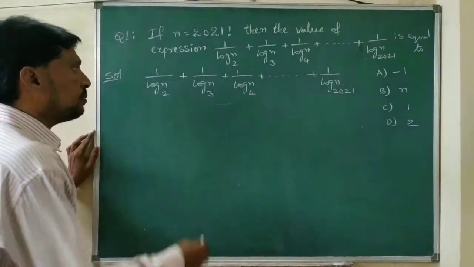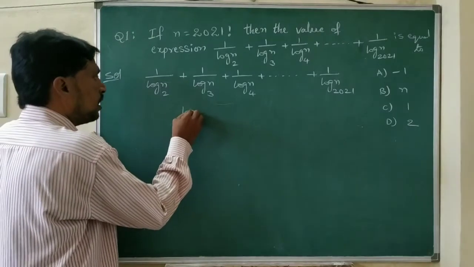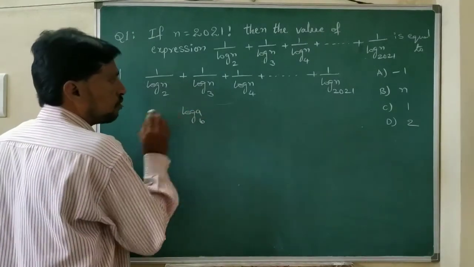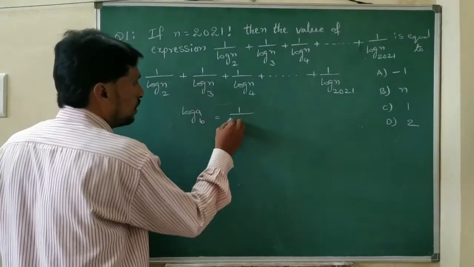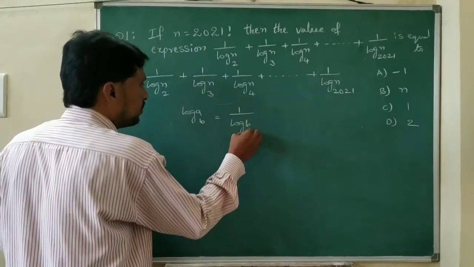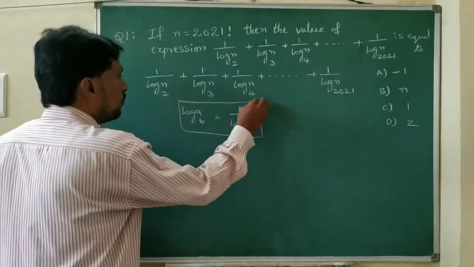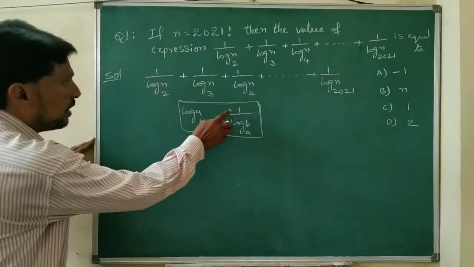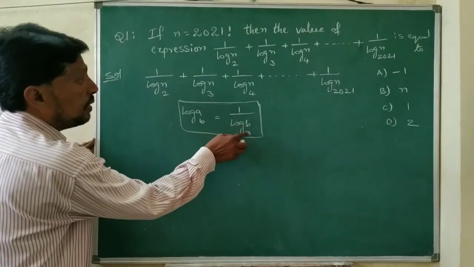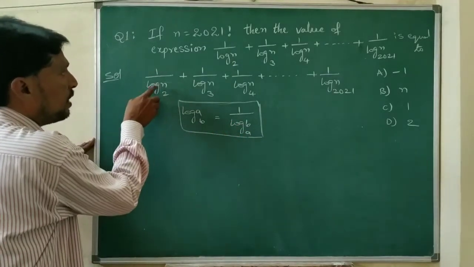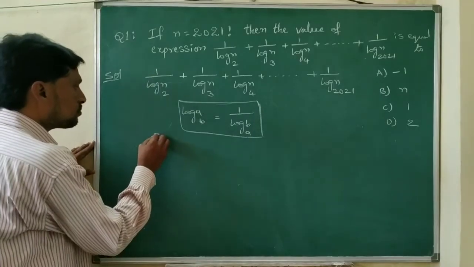Here we know the formula. What is that formula? 1 by log B base A equals log A base B. We can use the formula. So 1 by log n base 2, how do we write it?